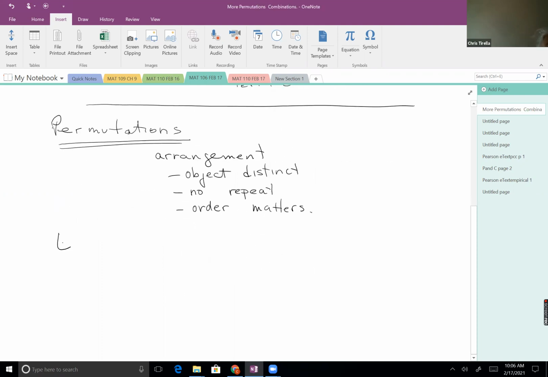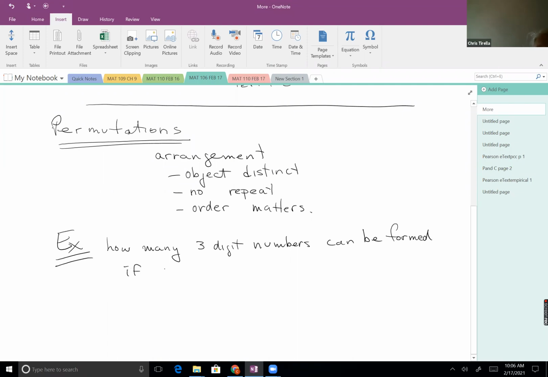And so let's say, for example, I want to know how many 3-digit numbers can be formed if digits cannot be repeated.